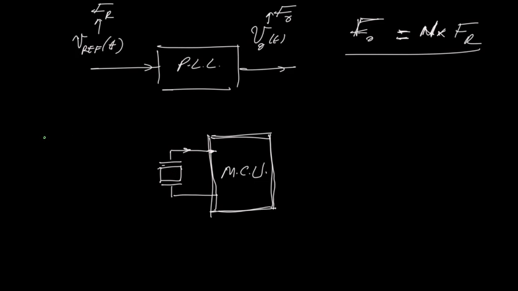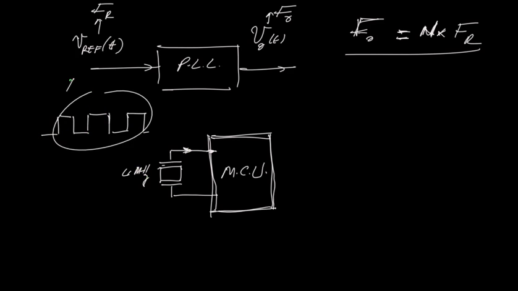So what we're going to do is feed here a square waveform at a certain known frequency. Let's just say that my crystal is at 4 megahertz. What does it mean? I'm feeding the crystal a square waveform whose frequency is the frequency of the crystal, XTAL.